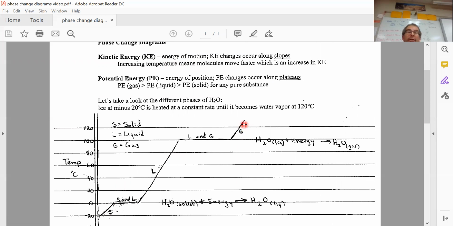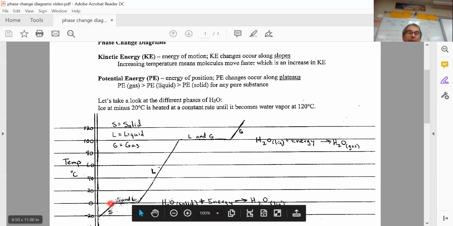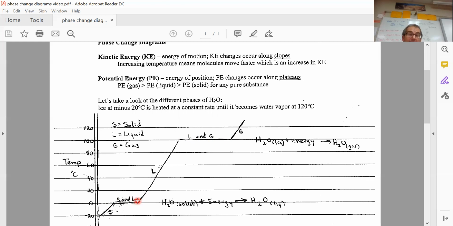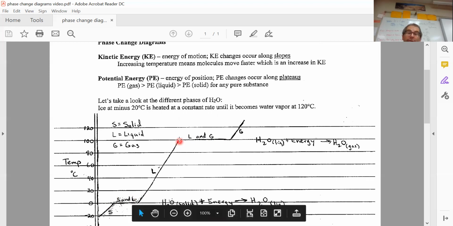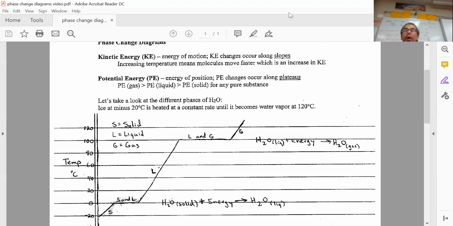Potential energy changes occur along the plateaus, here and here. Gases have the most potential energy, more than liquid. And liquids have more potential energy than solids. So as you go from solid to liquid, you're increasing potential energy. As you go from liquid to gas, you're increasing potential energy here. All right, thank you.